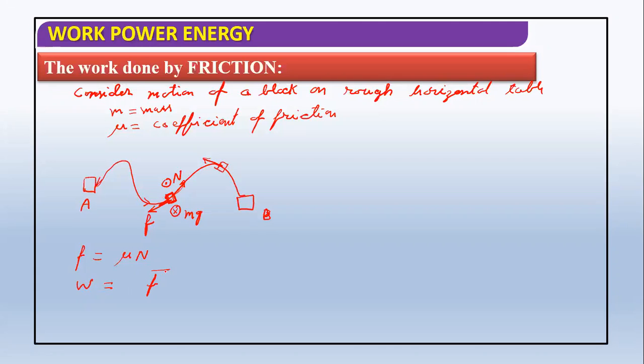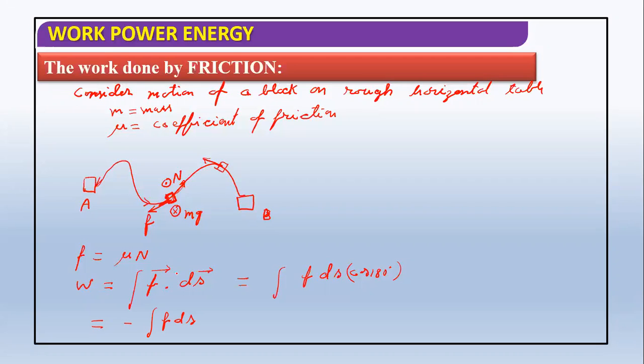So we can write the integration of f dot ds. F and displacement are exactly in opposite directions, so we can write it as f ds cos 180 degrees, or we can write minus f ds.